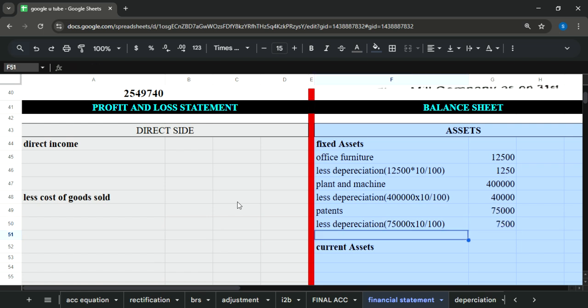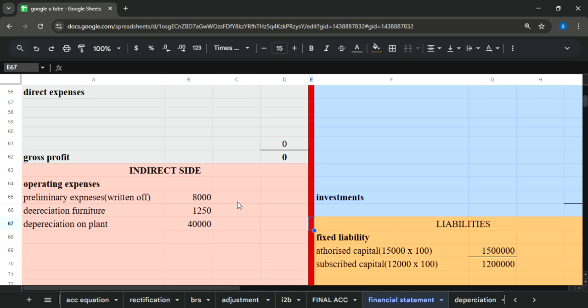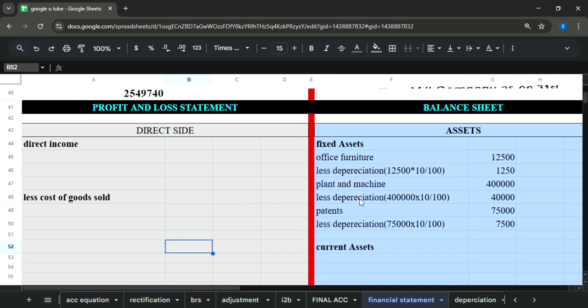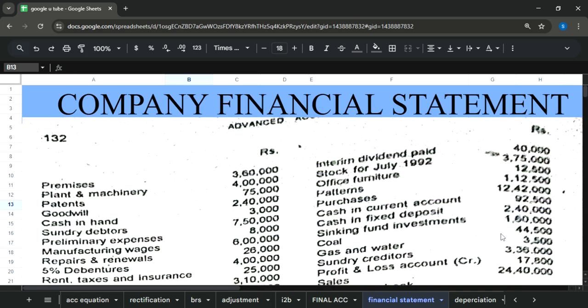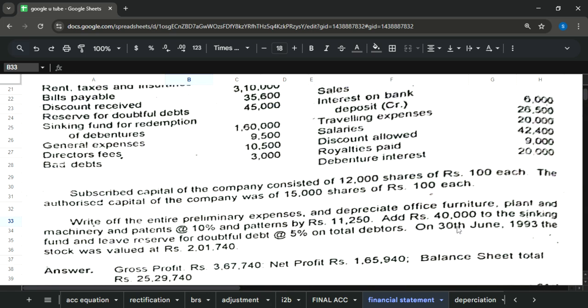Depreciation has been calculated. Similarly, we will be focusing on the indirect side and there we will be mentioning this depreciation of 7500. In this way, the third depreciation with its dual effect is completed.